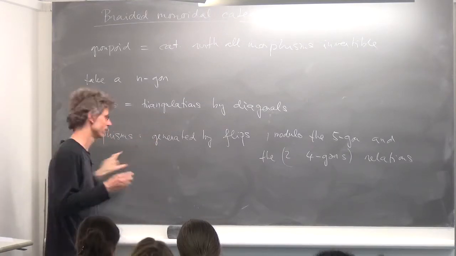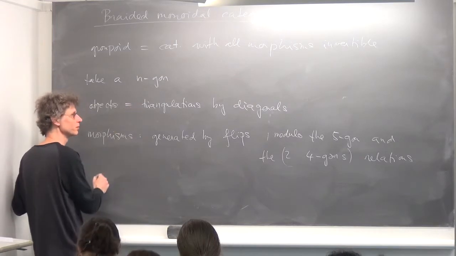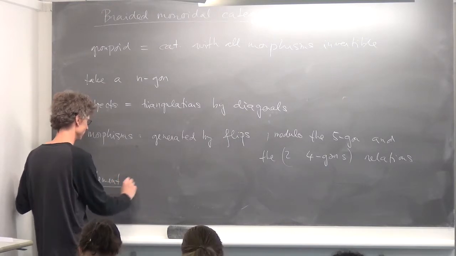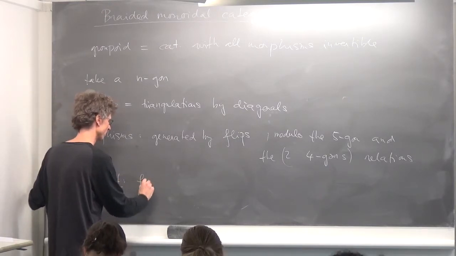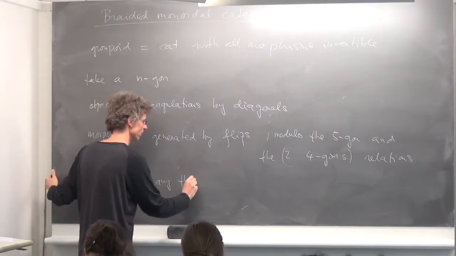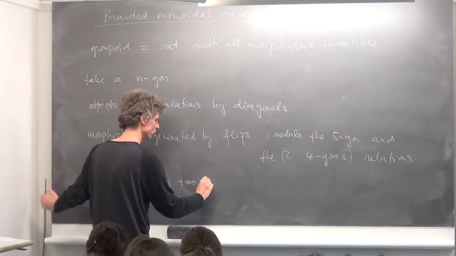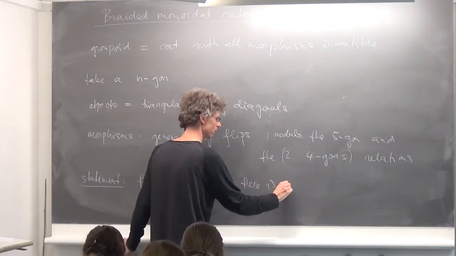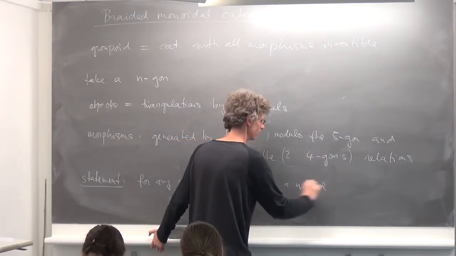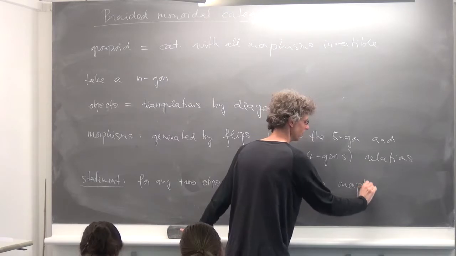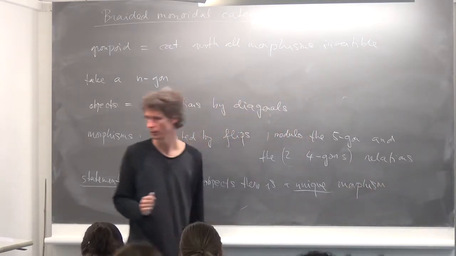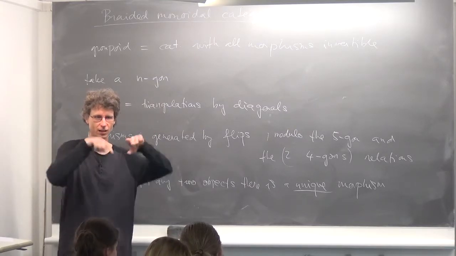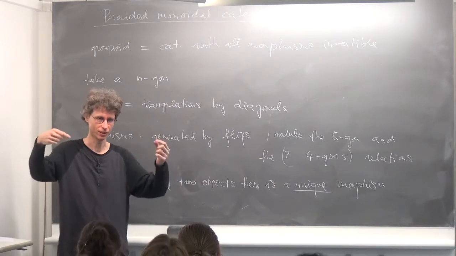And the statement of Mac Lane's coherence theorem is now that for any 2 objects, there is a unique morphism, meaning that this groupoid, or this category, is trivial in the sense that any 2 objects are isomorphic, and the isomorphism is unique.